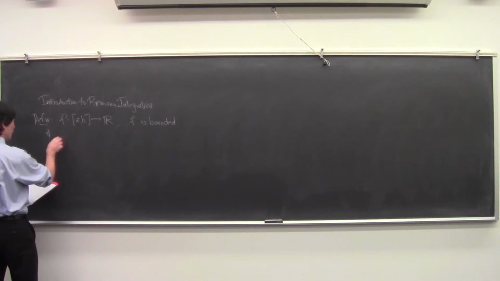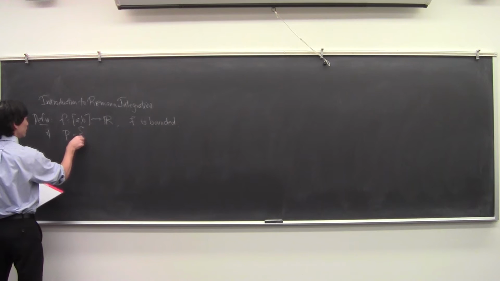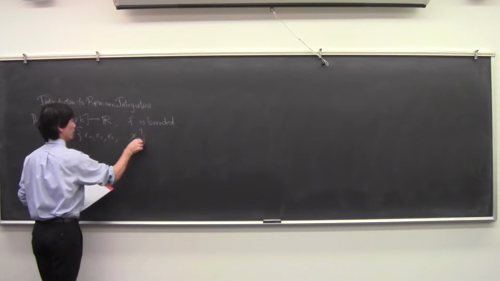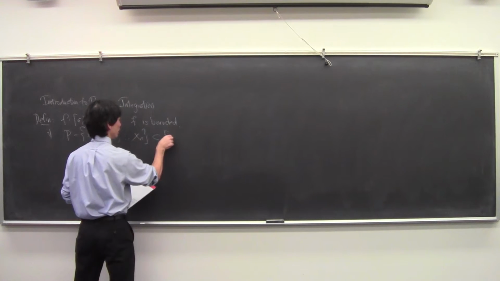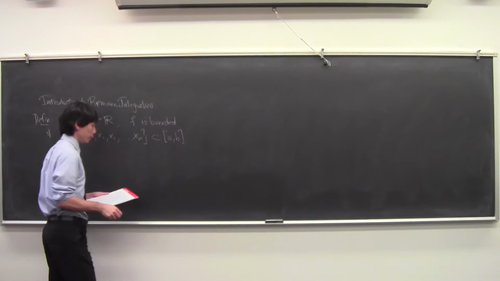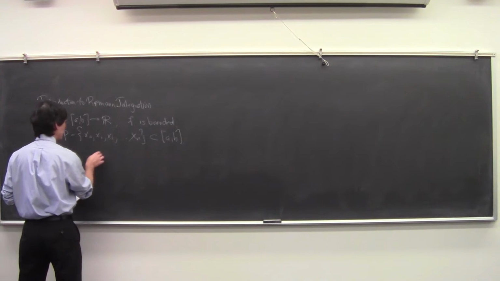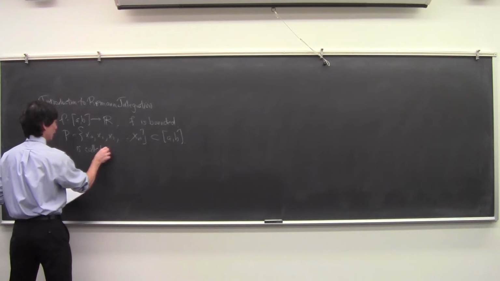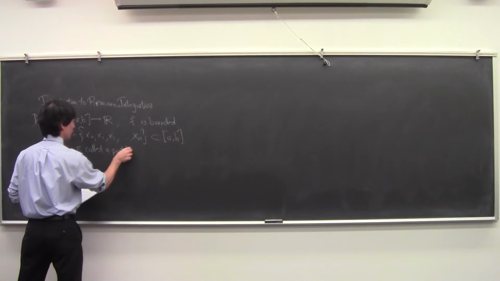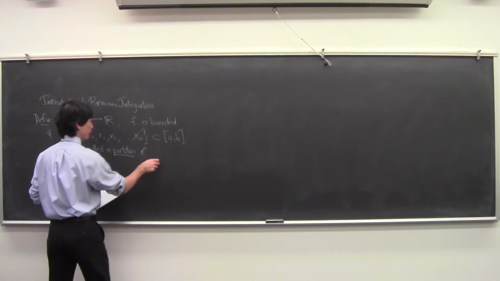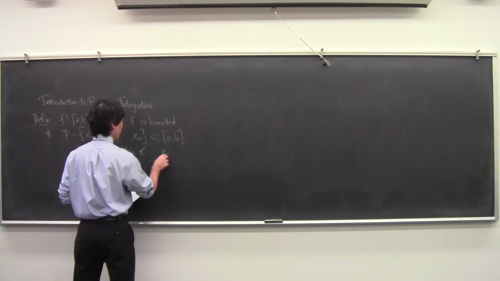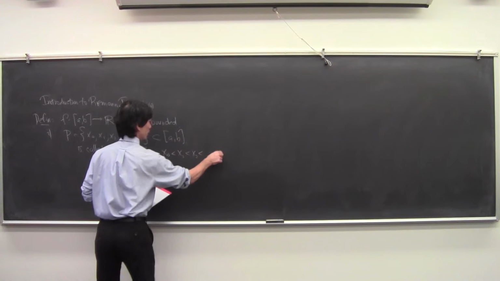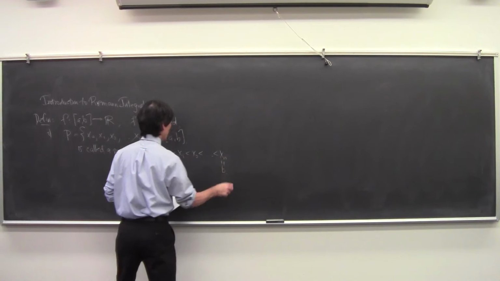The first is that if you have a set of points x0, x1, x2, that are all contained in the interval [a, b], we call it a partition if the first point is a, they are all increasing, and the last point is b.